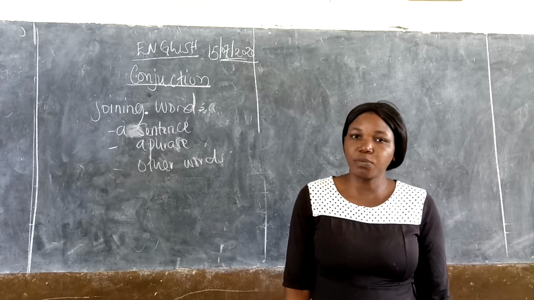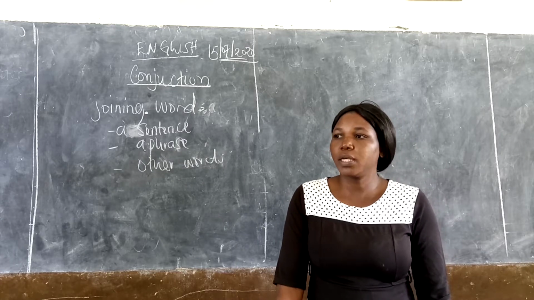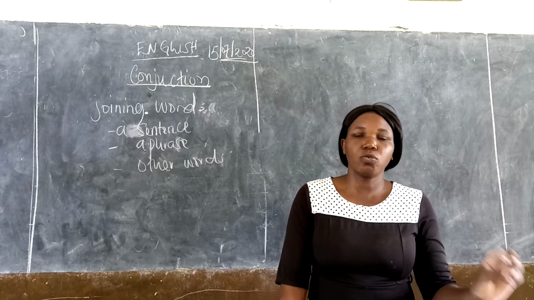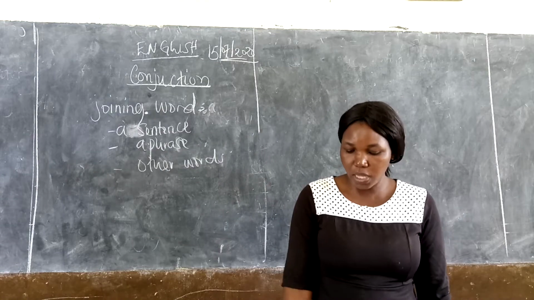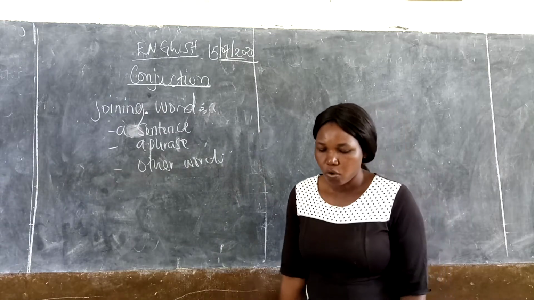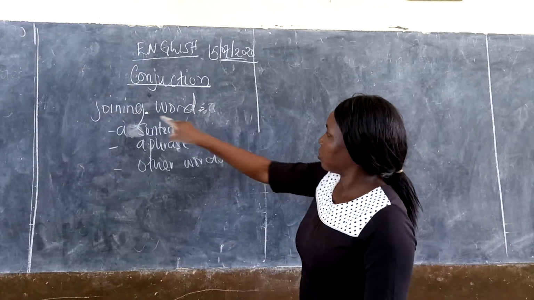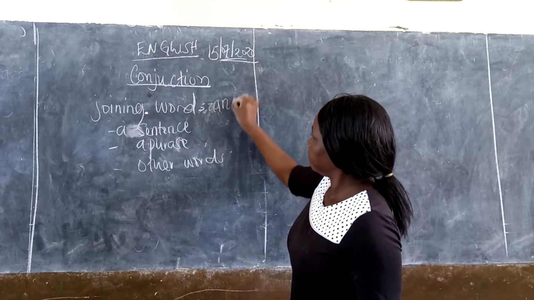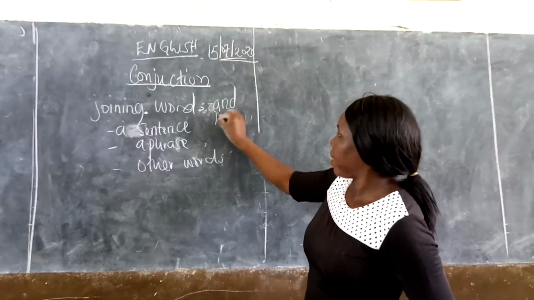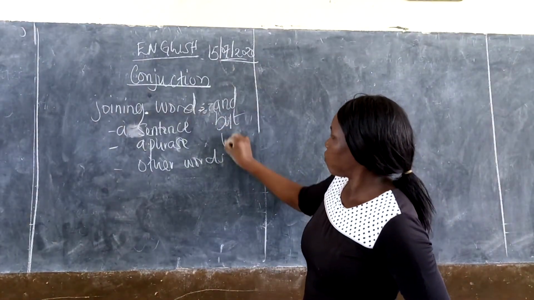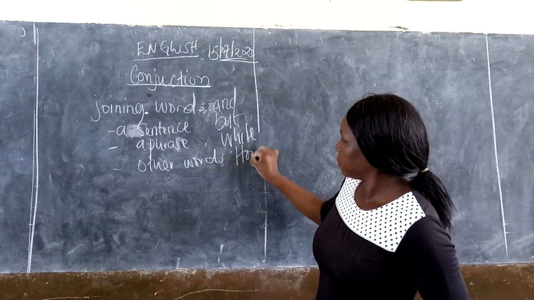We have different types of conjunction. We have seen an example in the exam where we talked about while, and, but. All those are examples of conjunction. Examples of joining words: we have and, but, while, however, because.